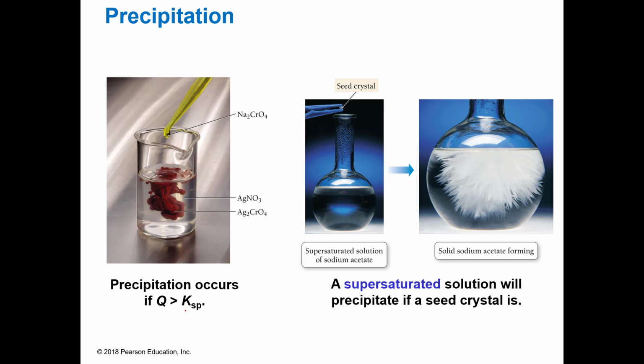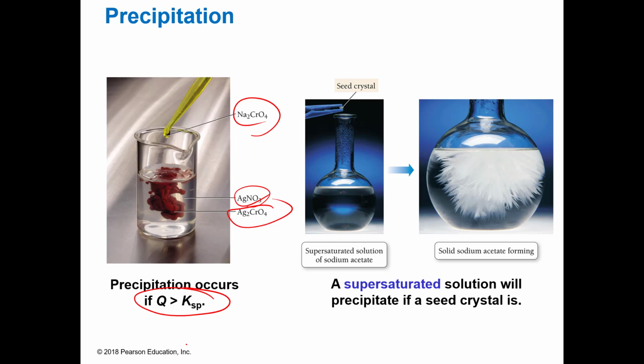Okay, so this is a standard where you've added two liquids together, in this case sodium nitrate and sodium chromate, and then you form silver from silver nitrate and sodium chromate. You form silver chromate, and it precipitates out as the silver chromate, which is really cool looking. Looks like a lava lamp.